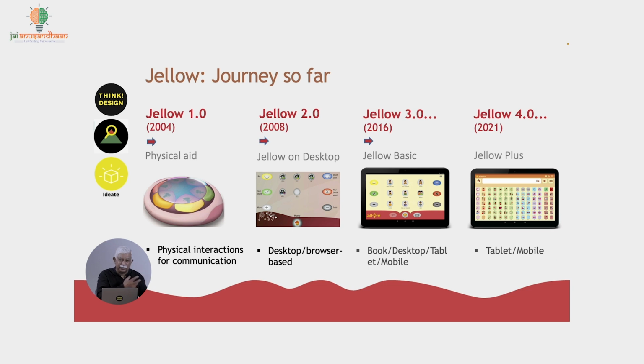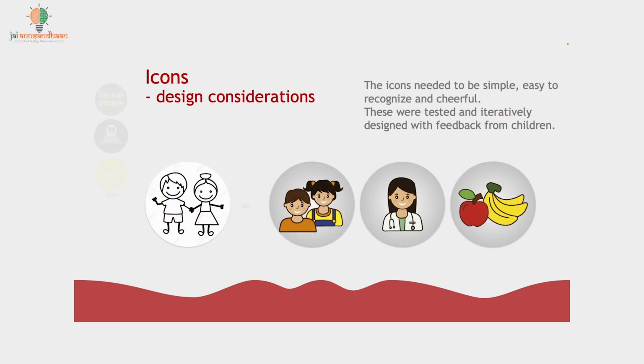You could get it as a book. You can also get it on the desktop. You can get it on a tablet or a mobile. So the flexibility was built into this particular version. And then you had the Jellow Plus version, which is available on a tablet or a mobile. So this is the journey so far.